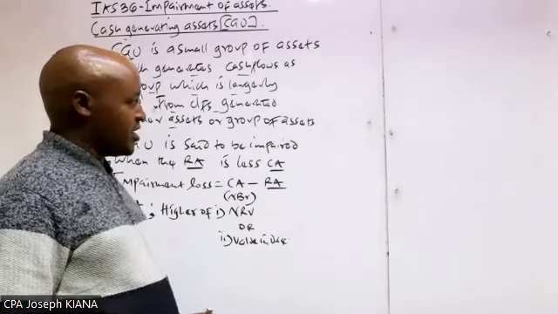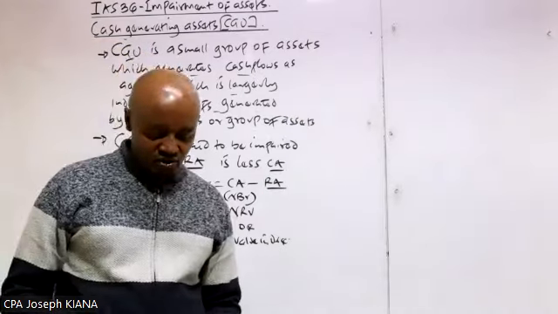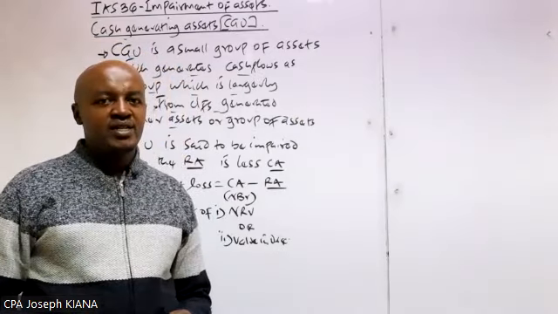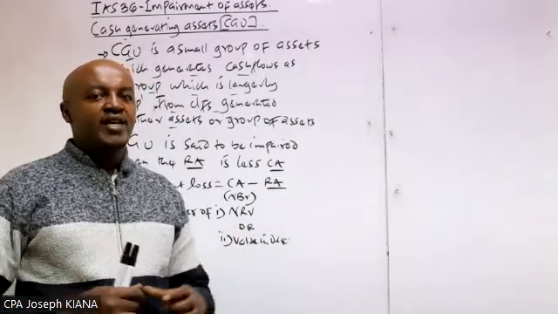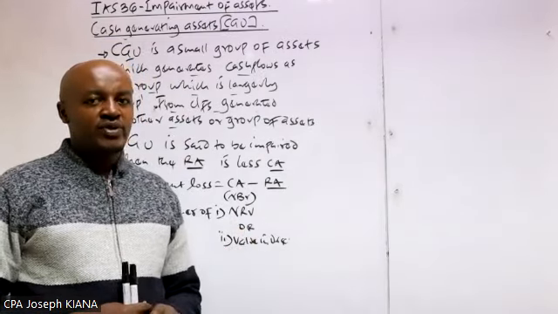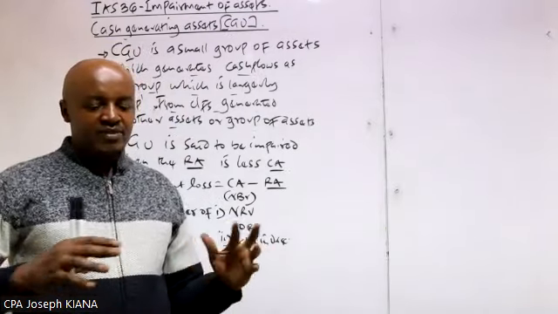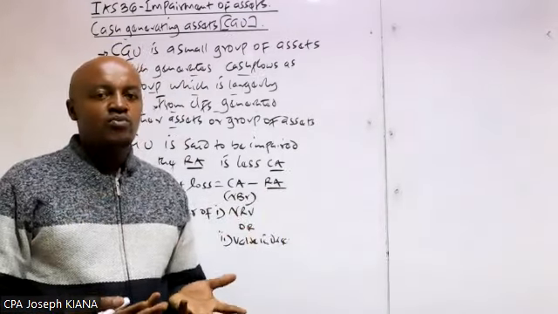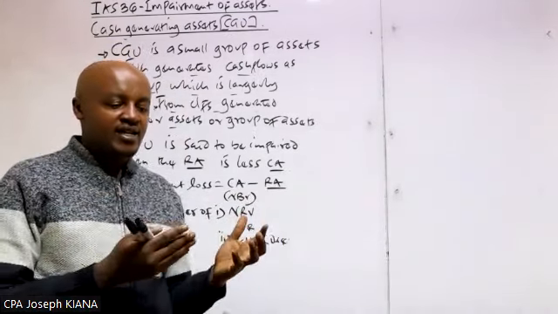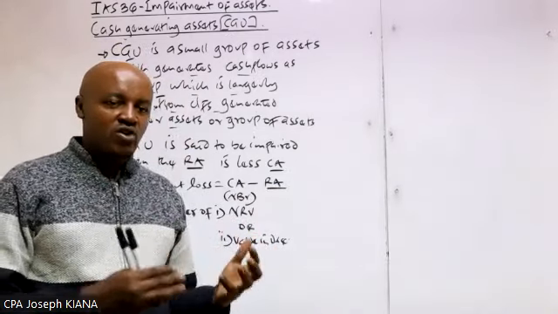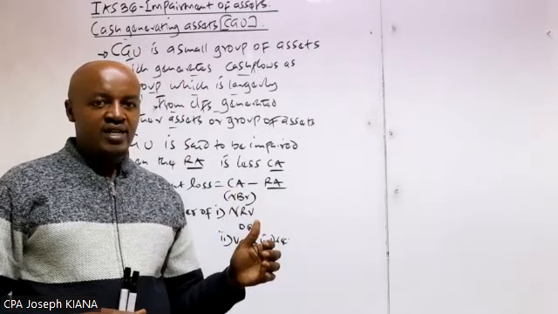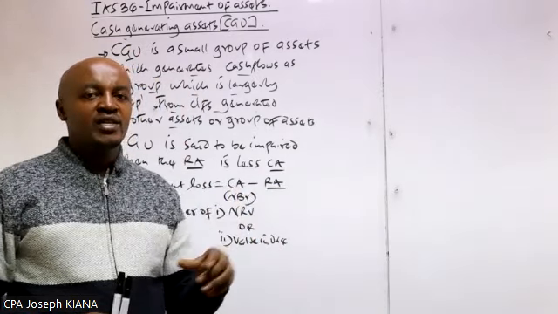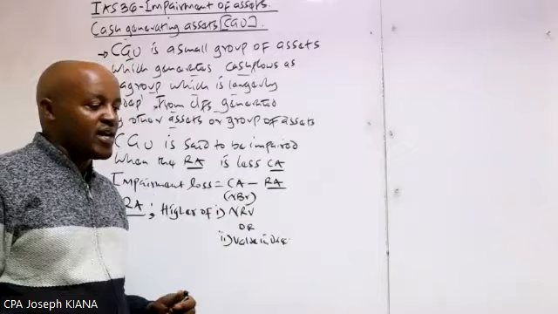Also, it is not possible to determine the impairment loss of an individual asset within a cash generating unit, and therefore we determine the impairment loss of the entire group of assets, and then the computed impairment loss is allocated to the assets within that particular group of assets.